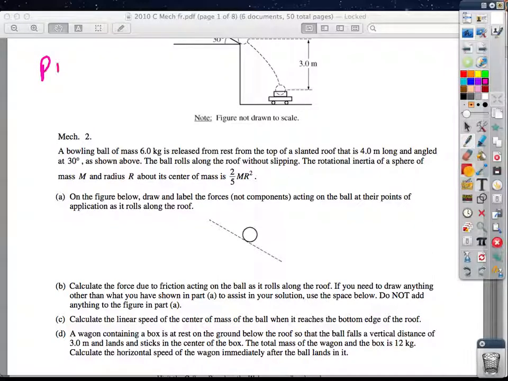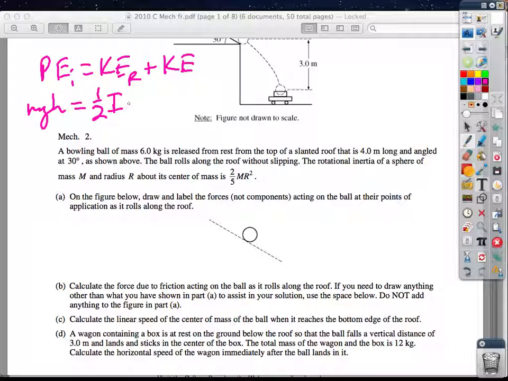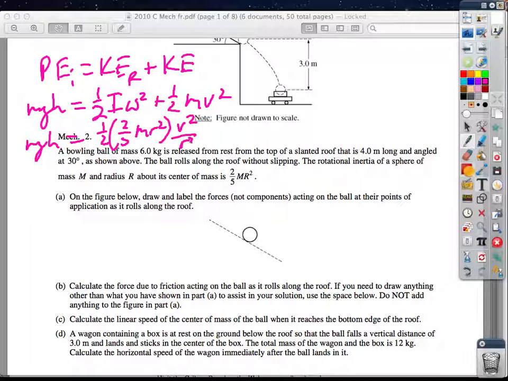And I would say something like PE initial is equal to KE rotational plus KE linear translation, right? And so we have mgh is equal to 1/2 I omega squared plus 1/2 mv squared. And then, of course, mgh is equal to 1/2 times 2/5 mr squared v squared over r squared plus 1/2 mv squared.